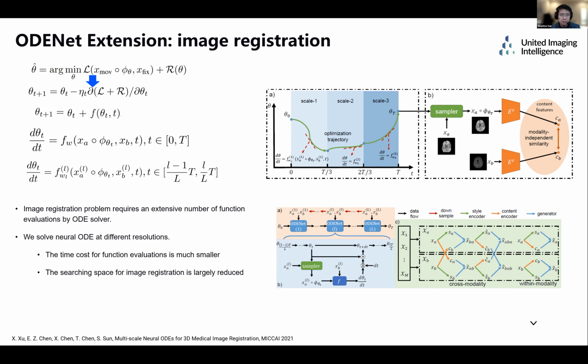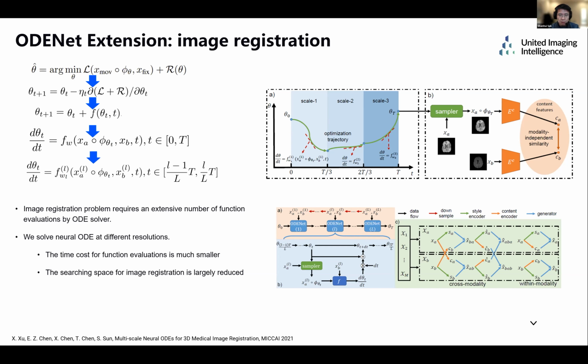We could also utilize gradient descent if we formulate the problem properly, and this gradient descent problem can be solved by the neural ODE, very similar to our image reconstruction problem.